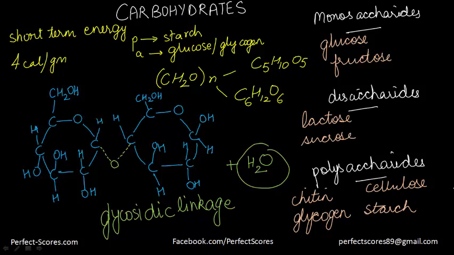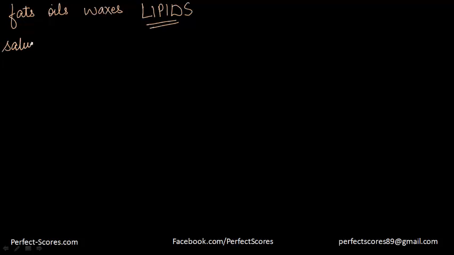The next important compound is lipids. Now lipids include the compounds known as fats, oils, and waxes. There are two kinds of lipids, saturated and unsaturated. Let's study what is the difference between them. The saturated ones are derived from animals.